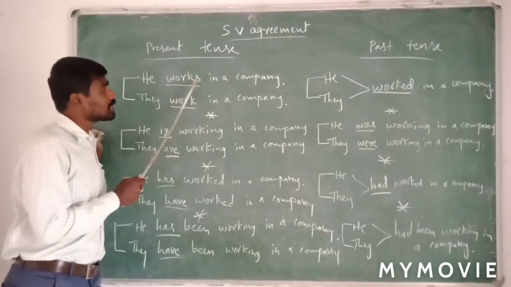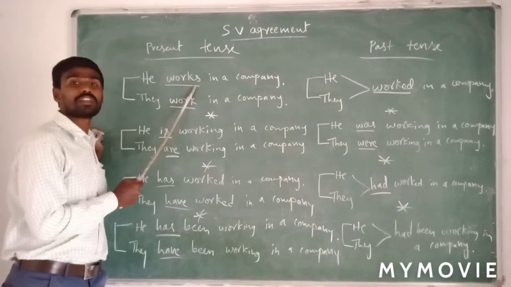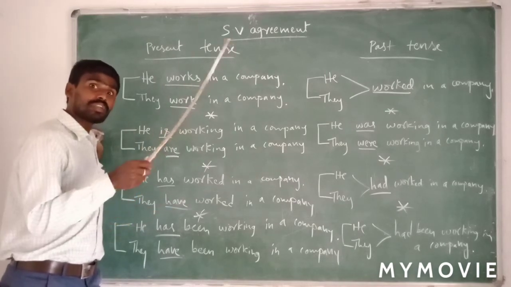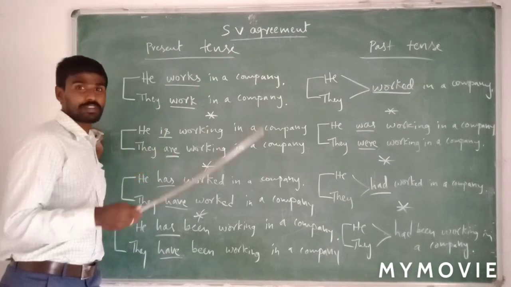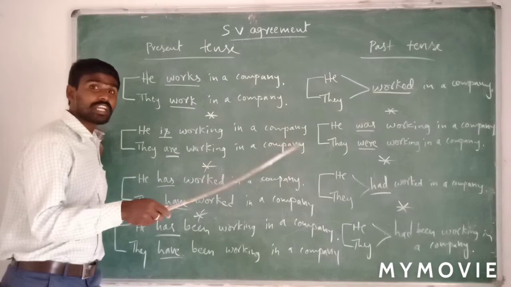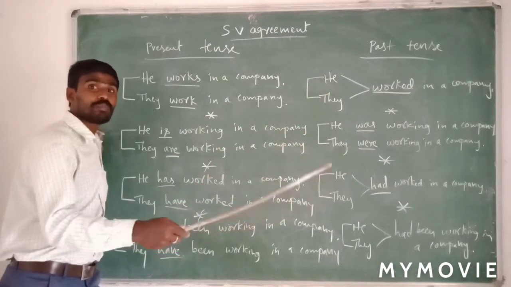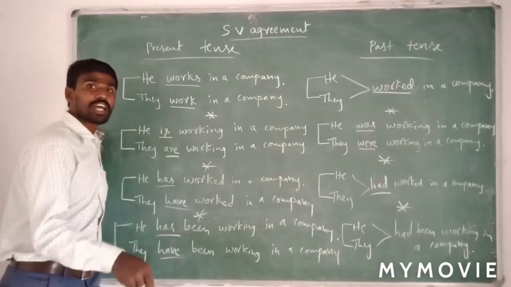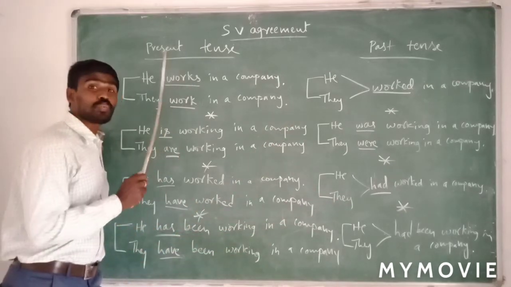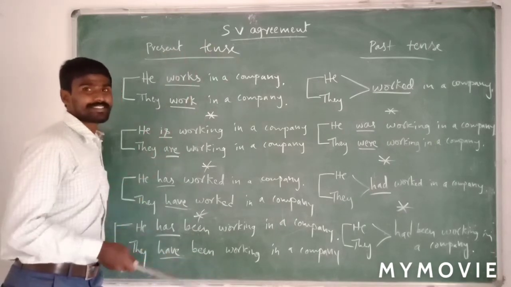Many people think that if there is s after a verb, it is plural. No. If you add s to a noun, it becomes plural. For example, book becomes books: book singular, books plural. But whenever you add s to a verb, that verb becomes singular.